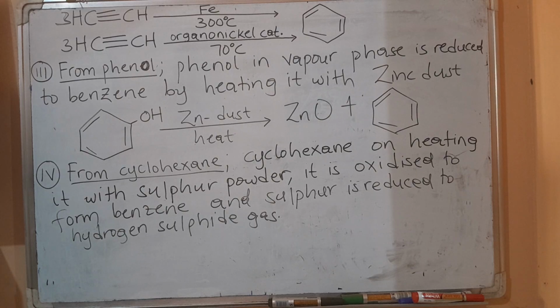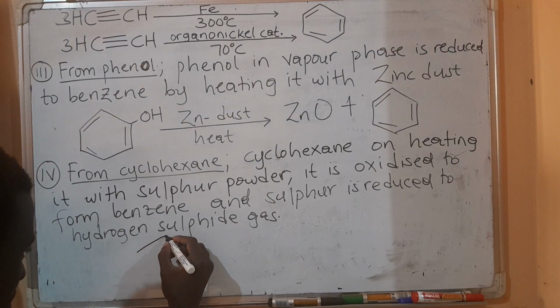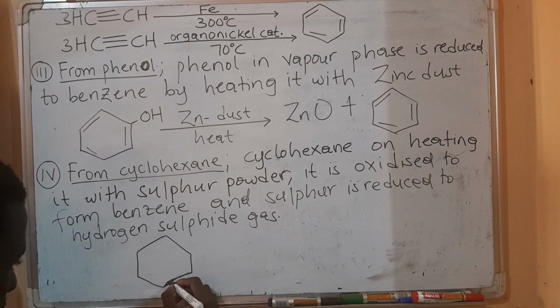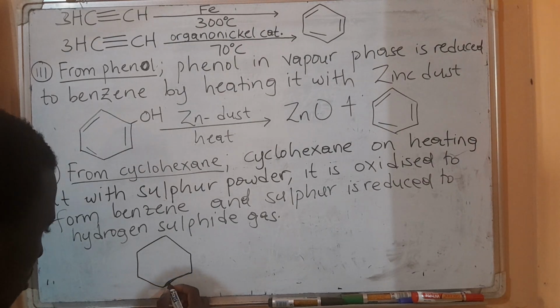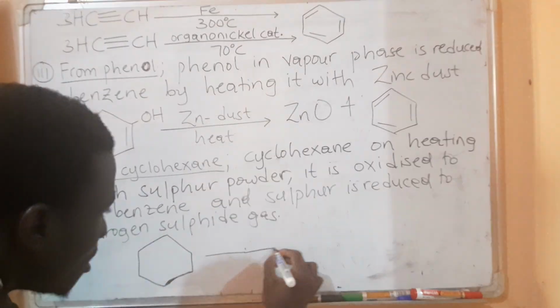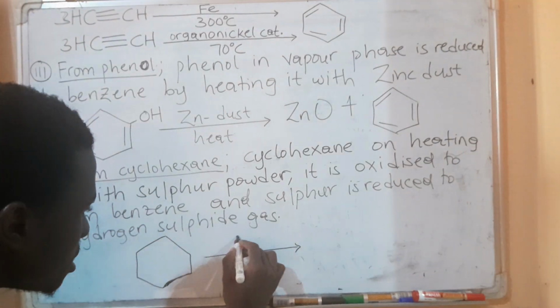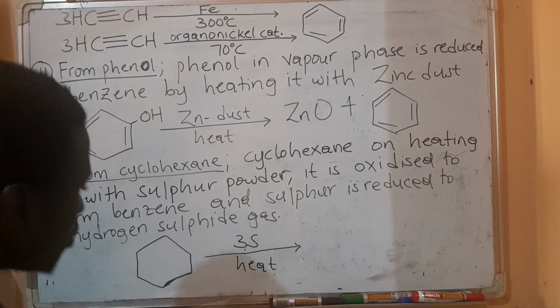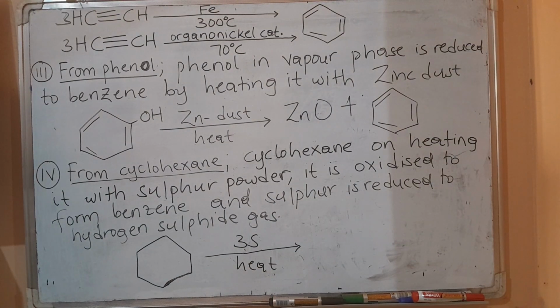So we have our cyclohexane with sulfur and heat. So cyclohexane is oxidized. Oxidation, that is removal of hydrogen.